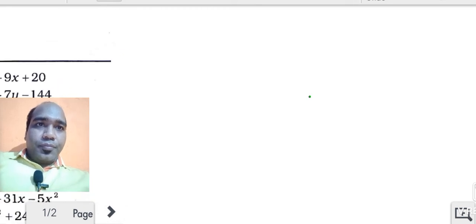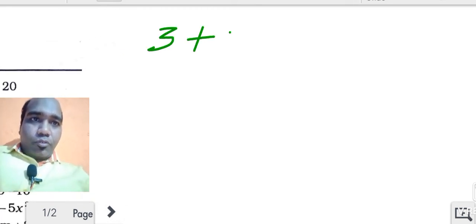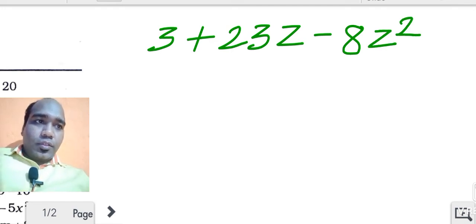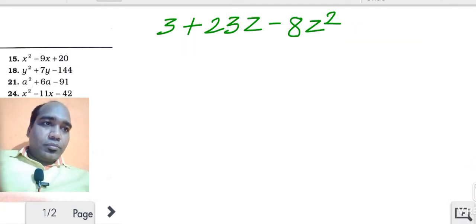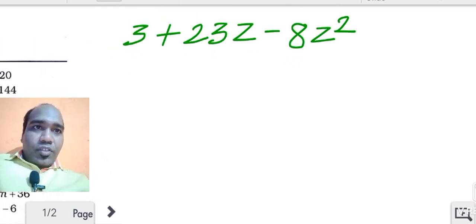So we'll write here 3 plus 23z minus 8z square. This is our question. Okay, now what is our first step?